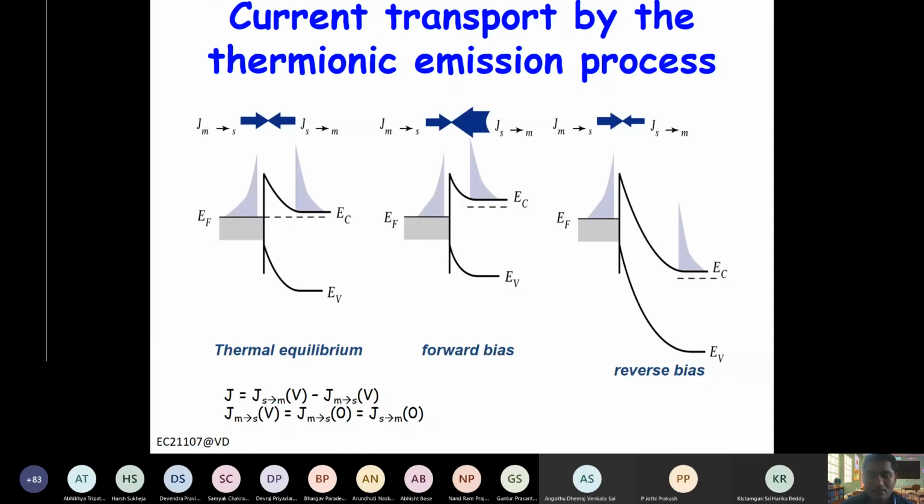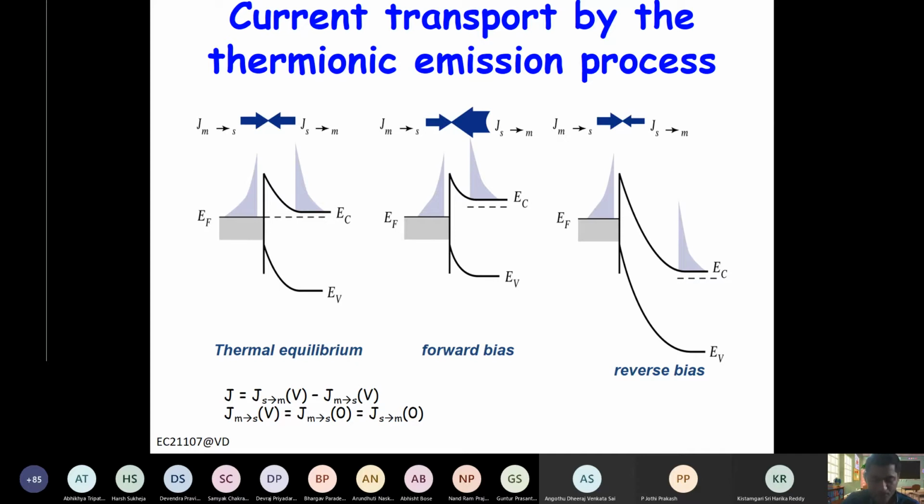Yes, sir. Okay, good. So last class we discussed the metal semiconductor junction, and we said that because of the difference between the metal work function and the semiconductor work function, there is some kind of potential barrier.